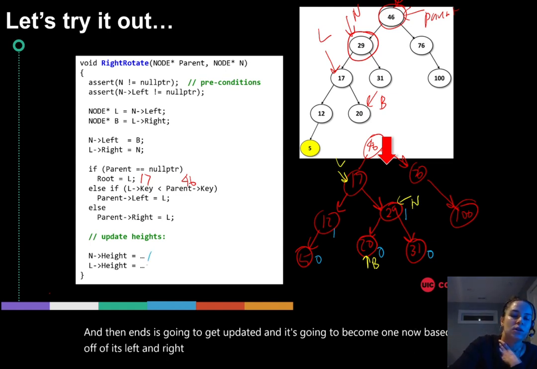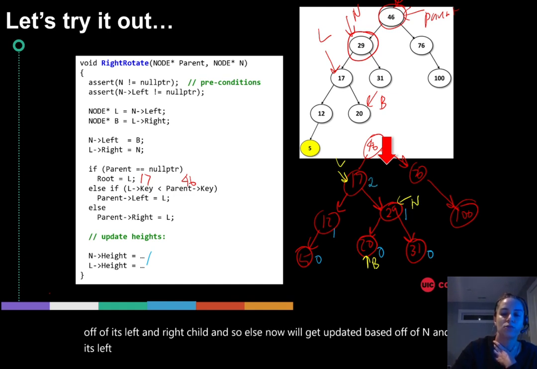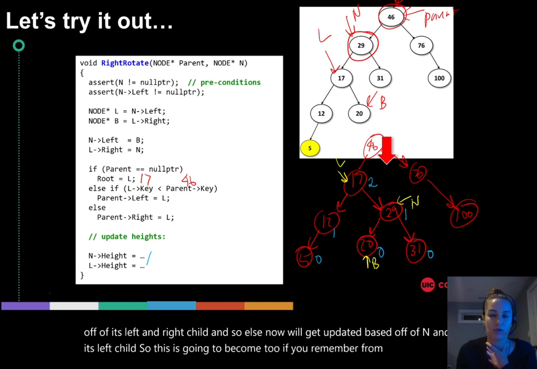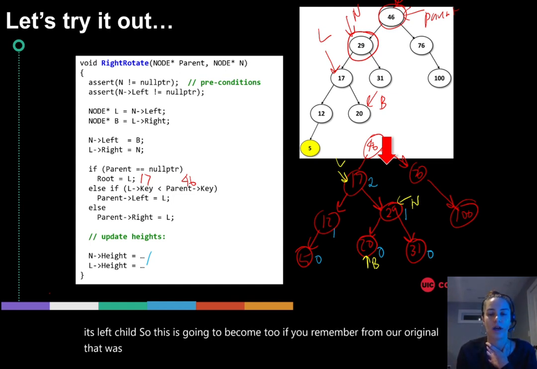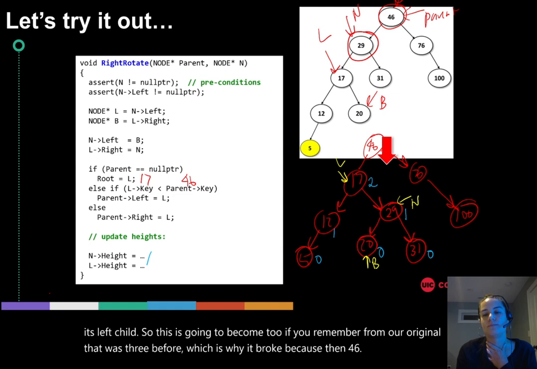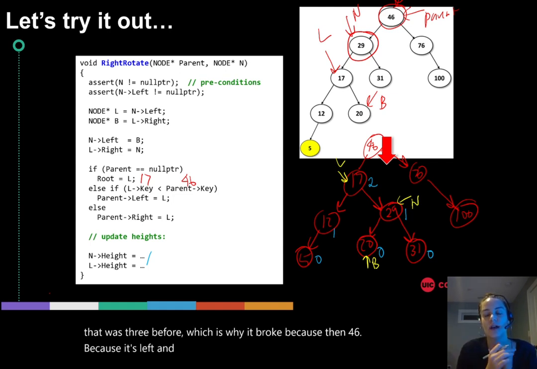And L's will get updated based off of n and its left child, so this is going to become 2. If you remember from our original, that was 3 before, which is why it broke, because then 46's left and right trees had a greater than 1 difference.